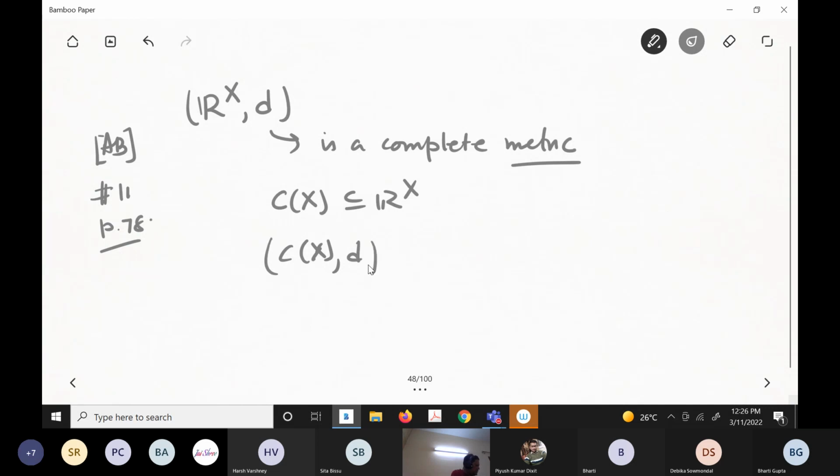So what this result particularly says, look, here is theorem 9.2.